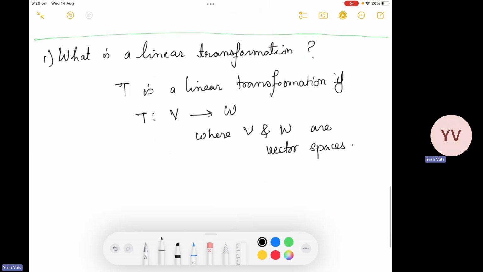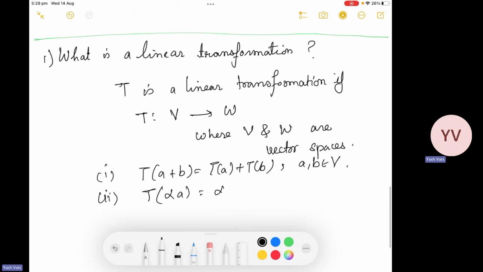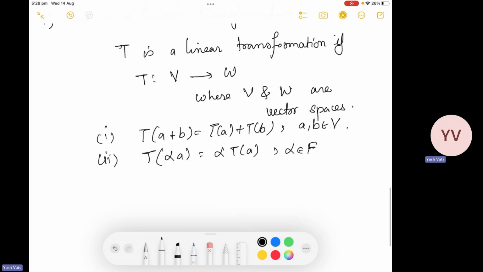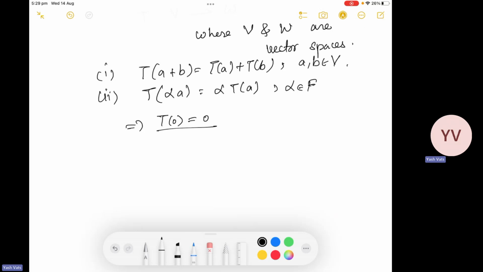The first condition is T(a plus b) is T(a) plus T(b), where a, b belong to V, and the second condition is T(alpha a) is the same as alpha T(a), where alpha belongs to F, the field. So these are two conditions, so we say that T is a linear transformation in that case, and from this you can conclude that T(0) is 0. So you have to use this fact to check.